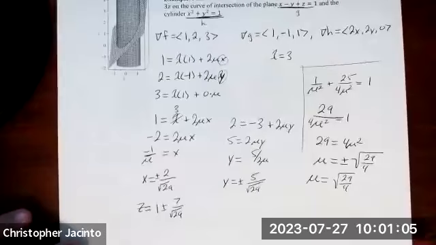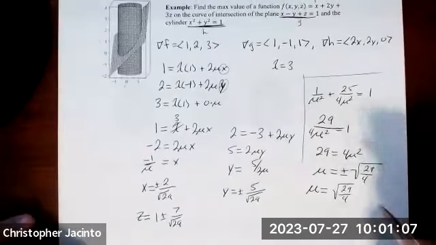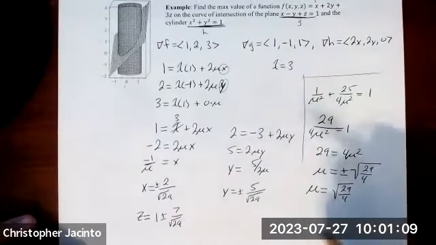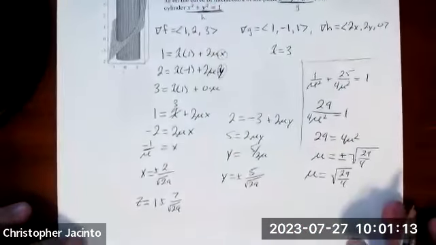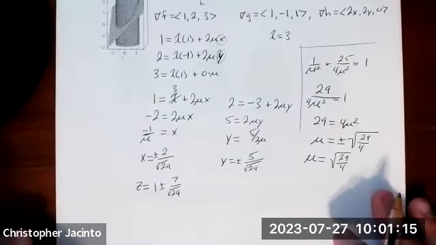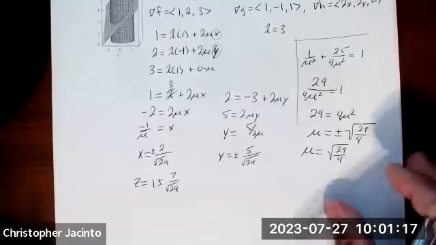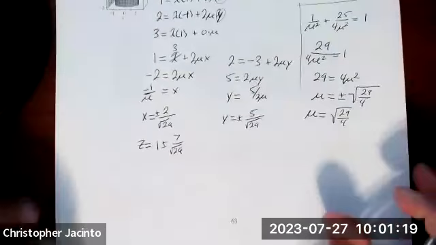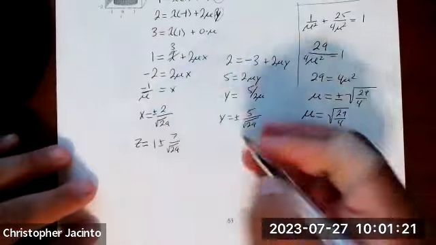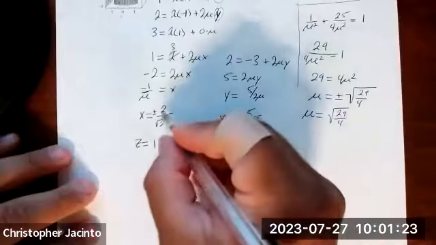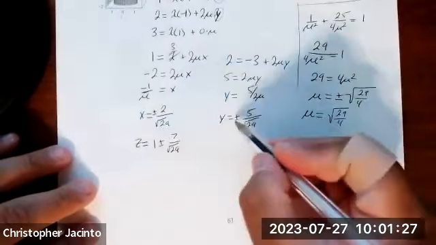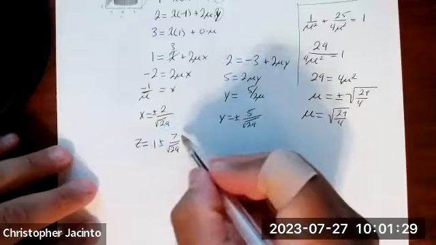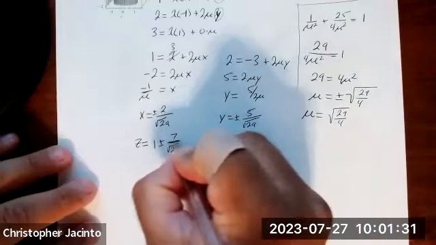Now the reason why I said just make it positive is because if you plug in the negative, you get the minimum value, and since we want the max value, the positive will make it the positive portion. Okay. So I'm not going to bore you with the details, but the one that makes it the maximum value is the positive of all the x values. So positive 2 over 29, positive 5 over 29, and 1 plus 7 over 29.